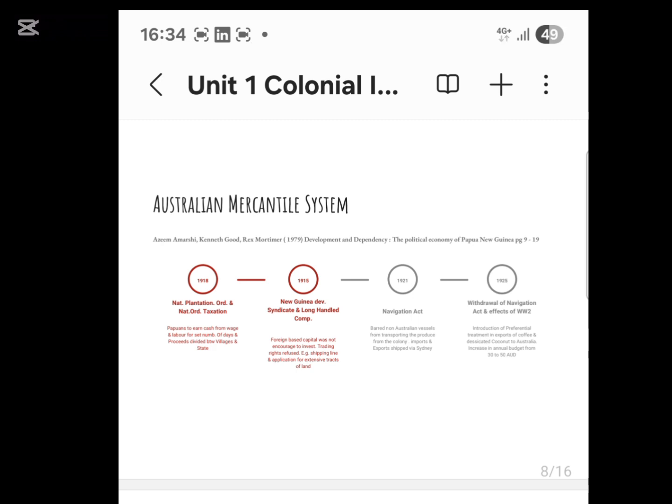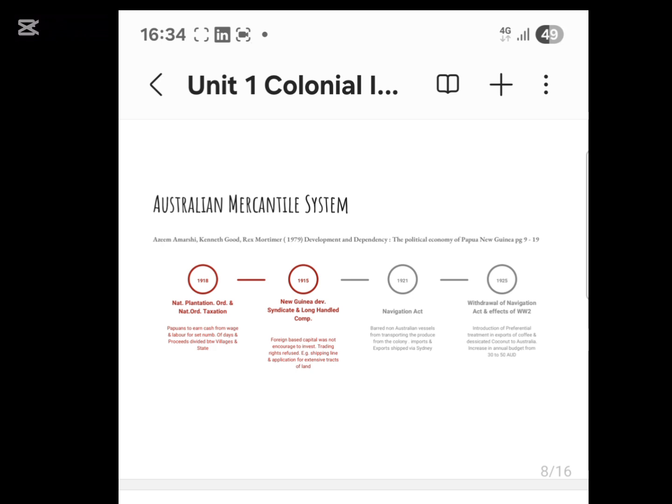Meaning that they were protected from tariffs, and protected by government laws to do business. So any company not of Australian origin that would be a force of competition would have to be booted out by this Australian mercantilist system.